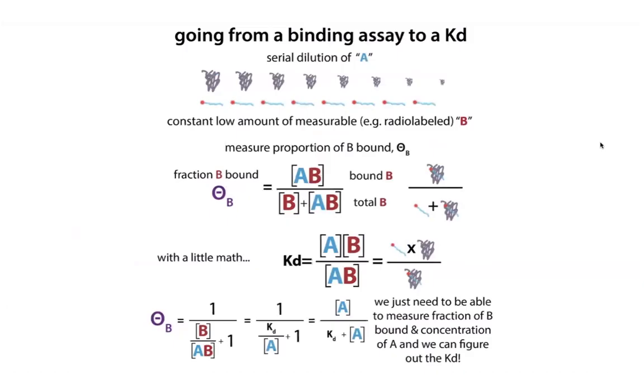So now let's talk about how we can actually measure binding affinity. As I mentioned before, we'll often do a serial dilution of one binding partner and have a constant amount of the other binding partner. Then we mix them, see what proportion is bound at each of these, and then we can calculate the KD.